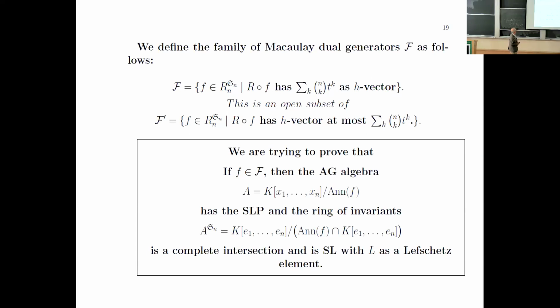I see what you're saying, but to get a complete intersection over the complex numbers, the group has to be generated by reflections, and there is a complete list of such groups.